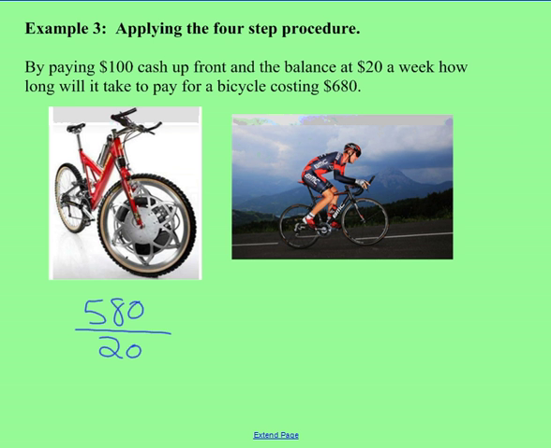This will give us how many weeks it'll take to pay off the bike. When we divide each of these by 10, we know we can cancel these zeros out. And 58 divided by 2 is 29. So we know that it'll take 29 weeks to pay off the bicycle.